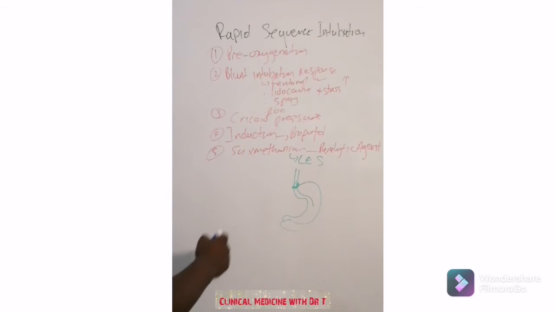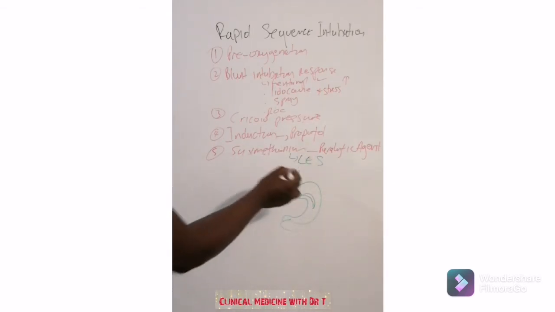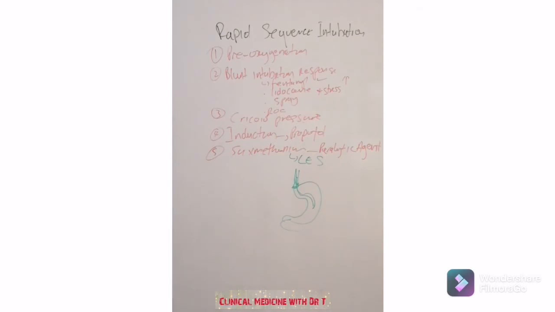So now it's easy for the hydrochloric acid to make its way out, get into the esophagus and get into the trachea. So that's number one.